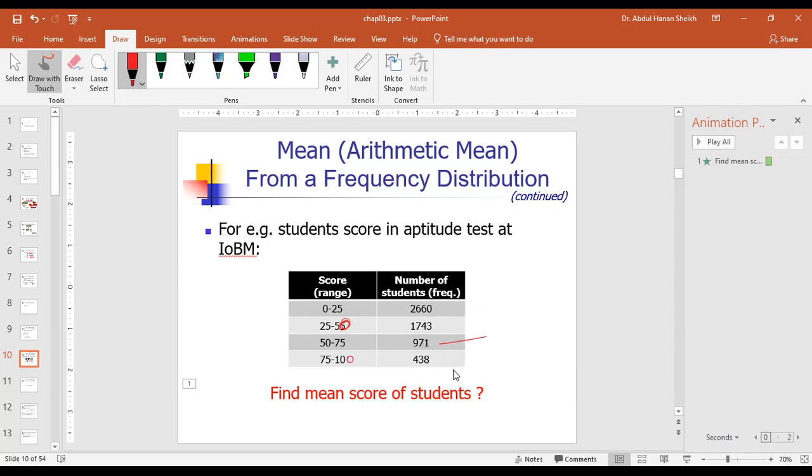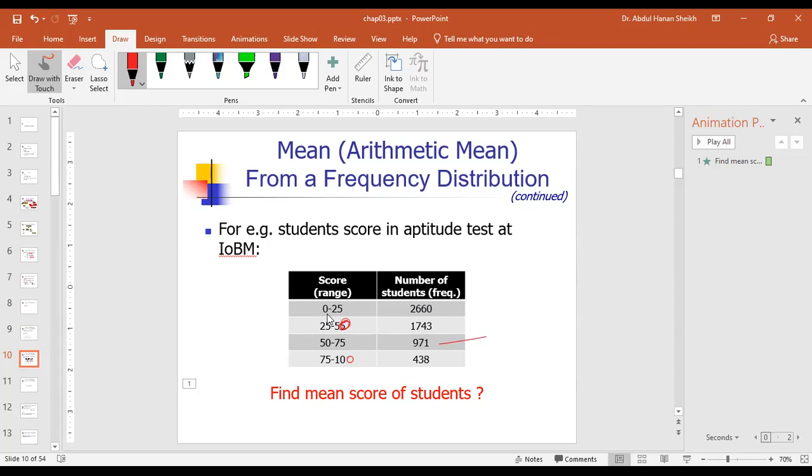How can we find the mean of this data? So the mean score of the students. We first calculate the midpoint of these classes, these groups, and multiply with this number. This is an assumption, remember.